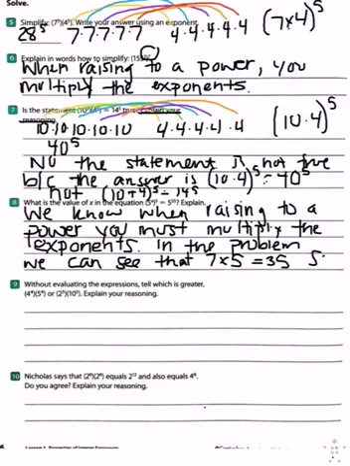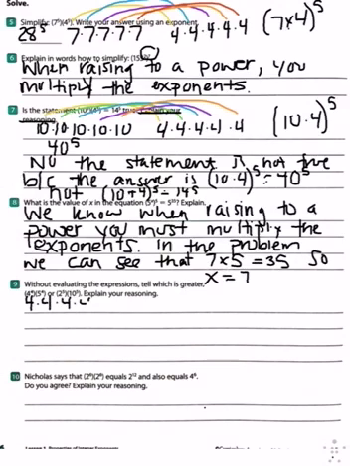Number 9. Without evaluating the expressions, tell which is greater. 4 to the 4th times 5 to the 4th, or 2 to the 5th times 10 to the 5th. Explain your reasoning. So we're going to write out the problem. 4 4 times, and 5 4 times.